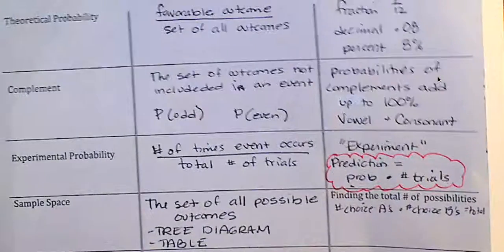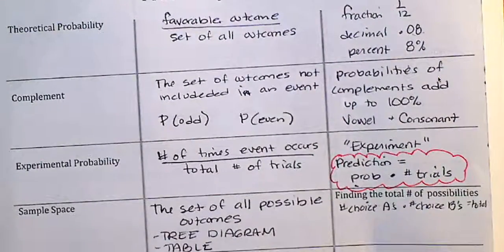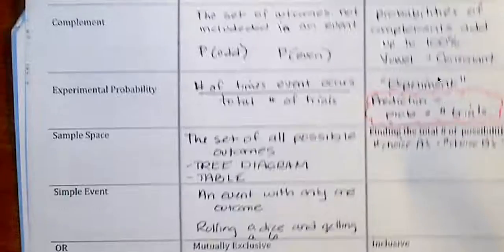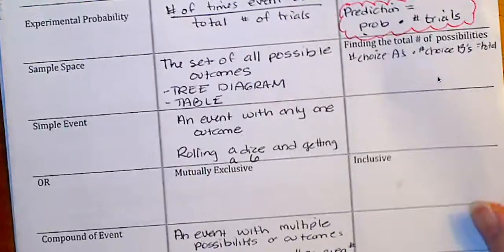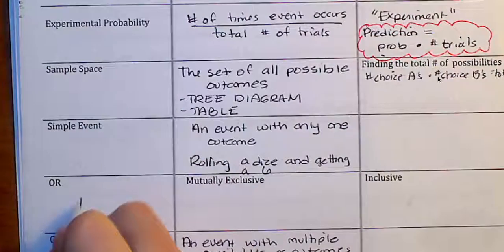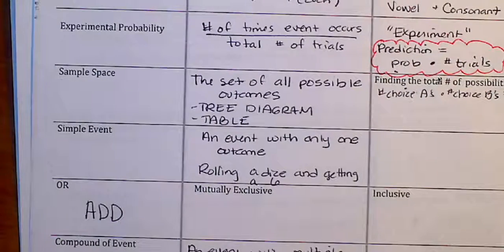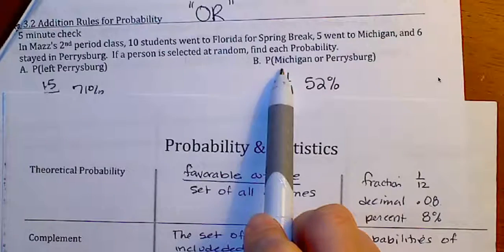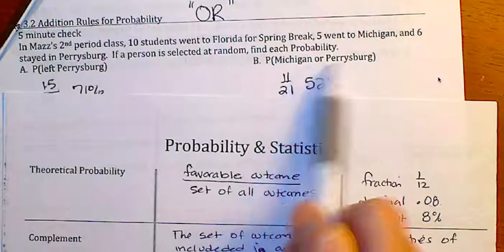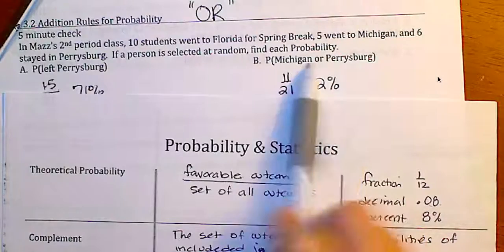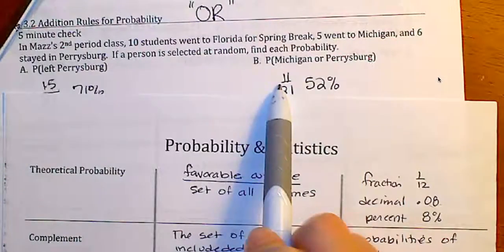The first one, when we talk about or, one thing we should understand is that when we're doing an or problem, we are always going to add the probabilities, just like you added the number of students that went to Florida and the number of students that went to Michigan to find leaving Perrysburg, or when you added the number of students that went to Michigan and the number of students that stayed in Perrysburg, we added those together to get 11. So anytime you see an or, you're going to add.